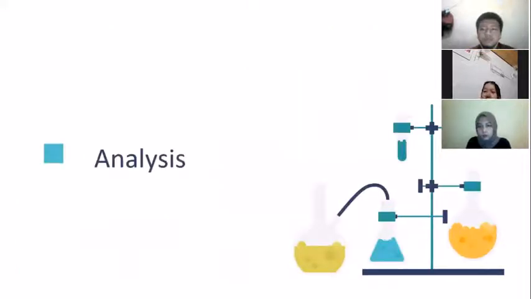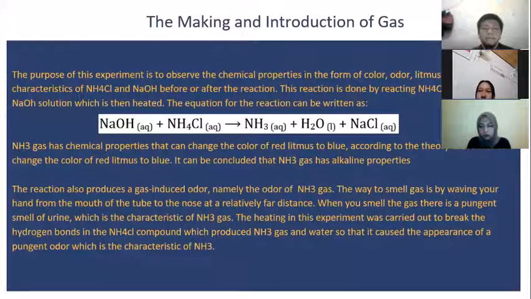The next is the analysis. The preparation, or making, and introduction of gas. The purpose of this experiment is to observe the chemical properties in the form of color, odor, litmus color, and characteristics of ammonium chloride and natrium hydroxide before and after the reaction.